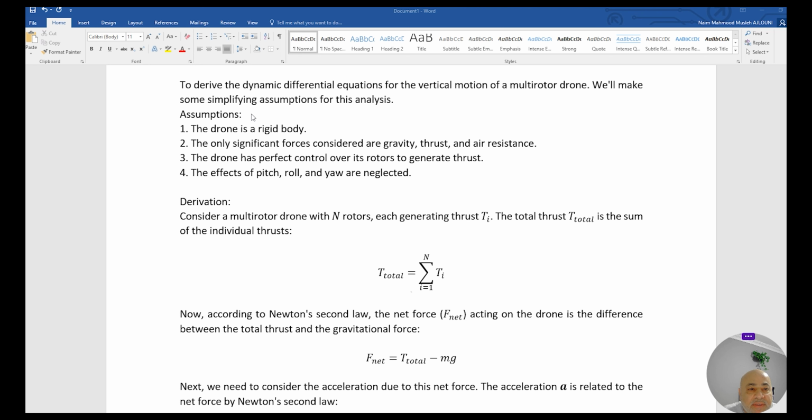Now, to be able to derive the differential equation, we need to think of which part of this dynamical equation is going to be derived and then simulated, because there are different assumptions that have to be made.